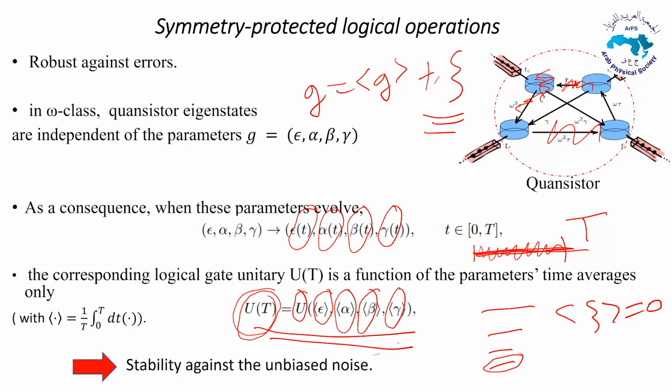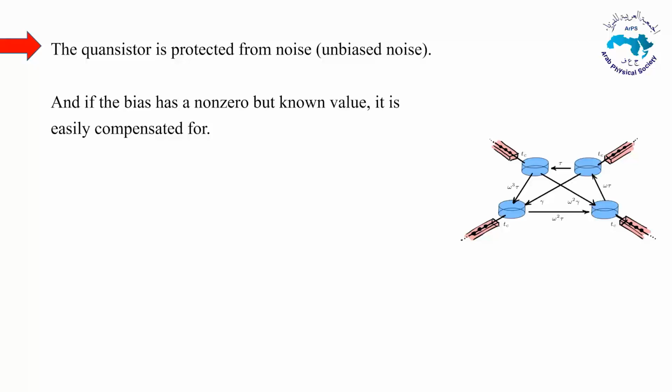That means there is no problem. Your operation is stable. It's totally different from a system that doesn't have a symmetry. Because of this symmetry, we are stable against this unbiased noise. But we can consider that as a classical perturbation. The system is protected from unbiased, classical noise, if you want.